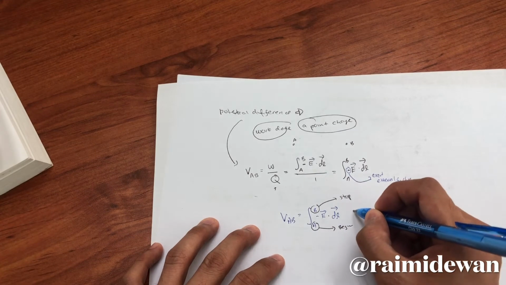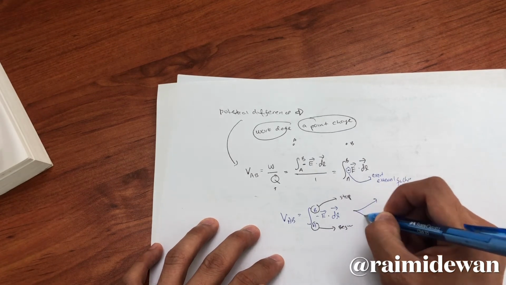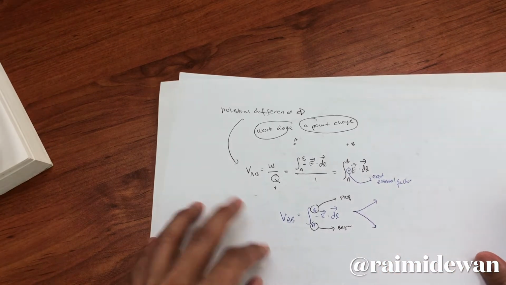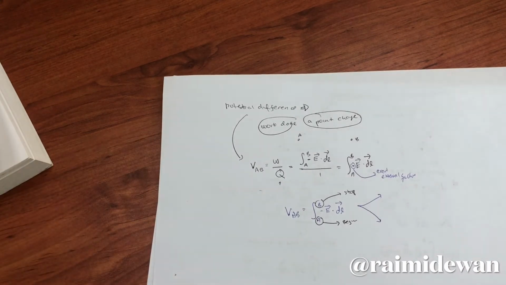When you solve this equation, you will have two kinds of values, okay?